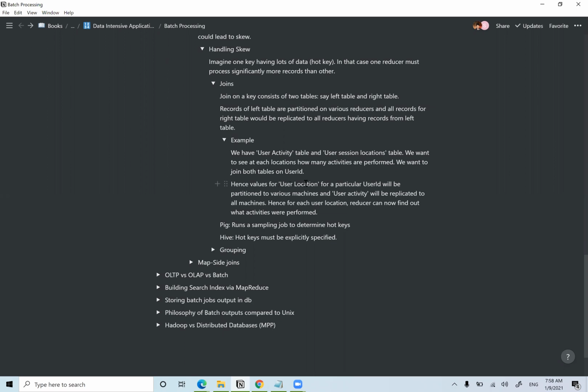Now, because user location is partitioned and user activity is replicated to all the machines, for each user location I can find out what activities he performed in that location, right? That's how I can partition the data if it is skewed and still perform the joins. Any questions here?